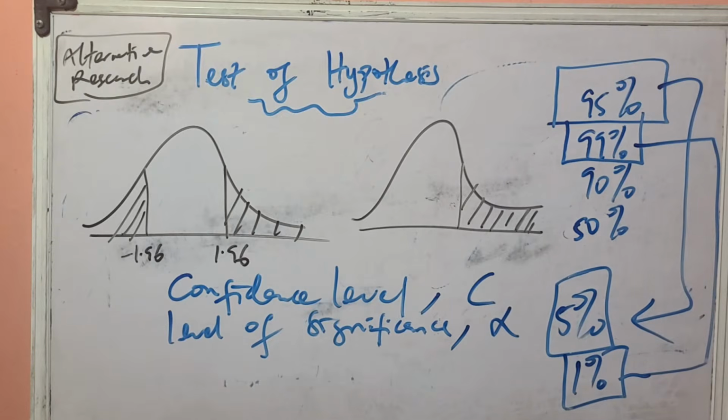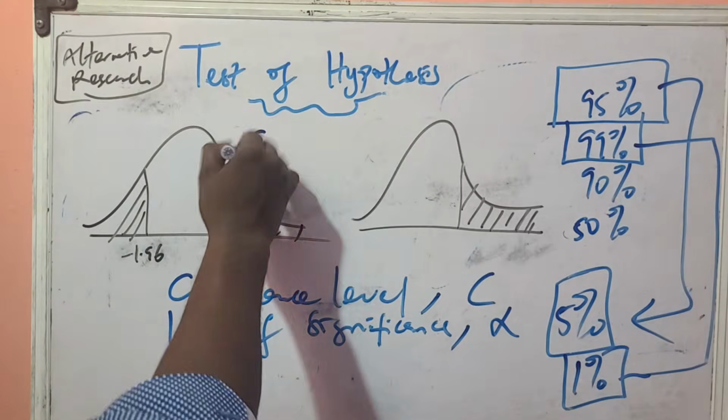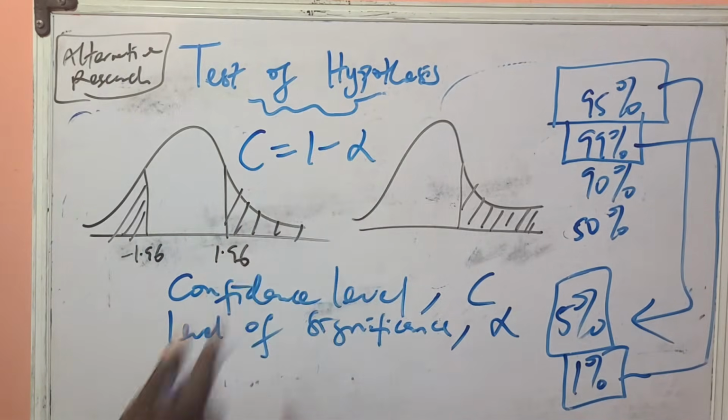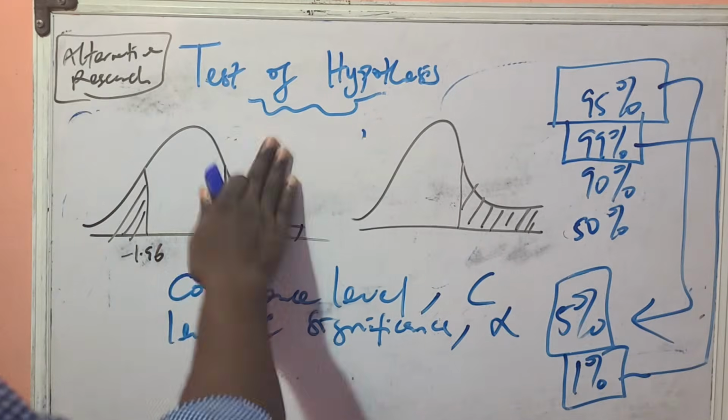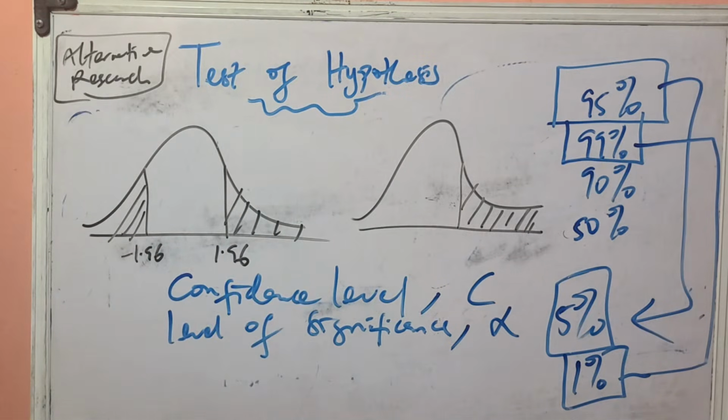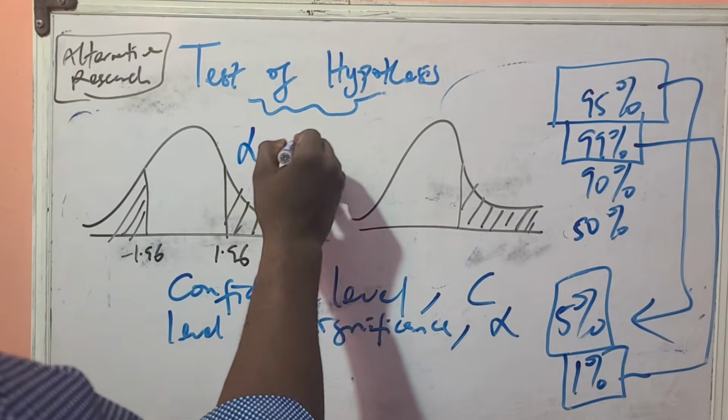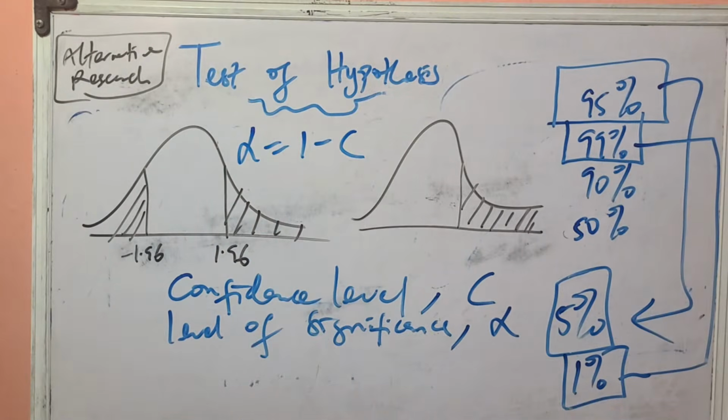Of course, I'm sure you are able to establish the correlation between these two. C is equal to 1 minus alpha. Or you can say alpha is 1 minus C. Anyhow you want to write it, it works both ways: alpha equals 1 minus C. Now, look at the meaning of this.